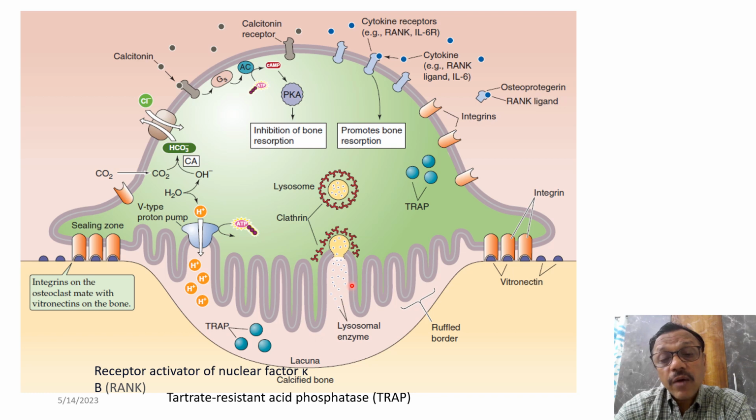Okay, but if you are giving glucocorticoids, what will the glucocorticoids do? This glucocorticoid will increase the amount of RANK ligand, and it is going to decrease the osteoprotegerin. This is a protein molecule. As a result, a large amount of RANK ligand is going to be produced, and a large amount of bone reabsorption will take place.